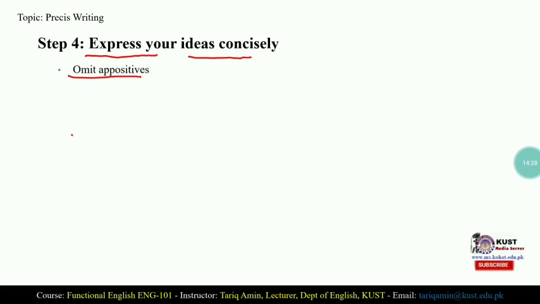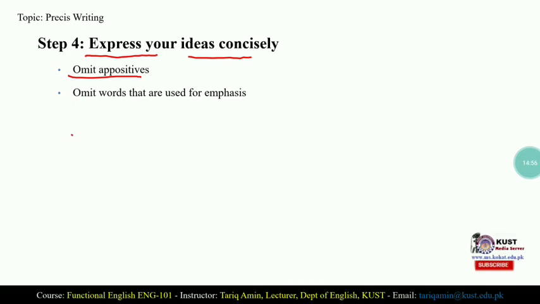Dr. Shujat Ali, the head of the Department of English, is a good person. Now in this case, the head of the Department of English is an appositive. It is just opposite to the noun, and we write this as the short definition or the short explanation of the noun. This is what we call an appositive, and you can search the internet for further details as well.